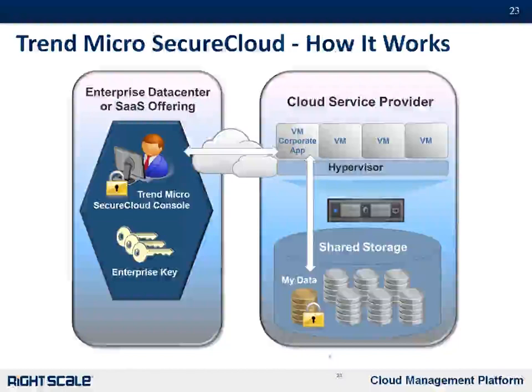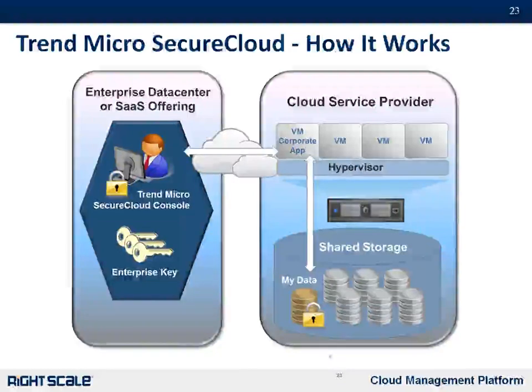The way the Trend Micro Secure Cloud solution works is that we've got a SaaS offering that we host and run that does policy-based encryption key management, or we have a virtual appliance that you can run in your own data center or even in the public cloud if you decide to do that. Either way, the functionality is identical.